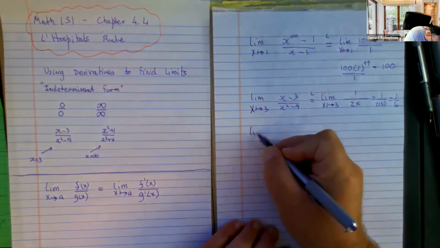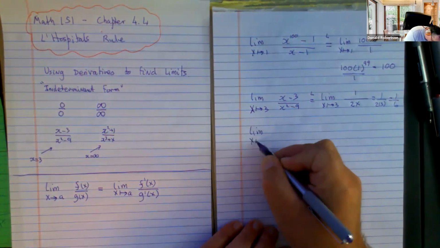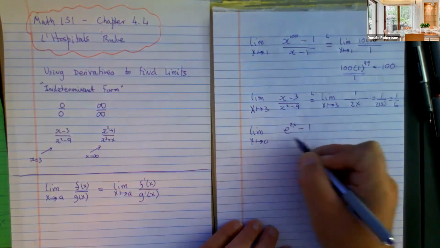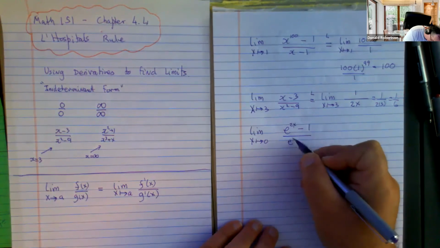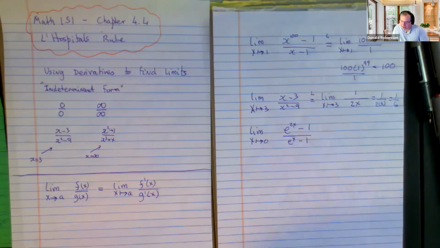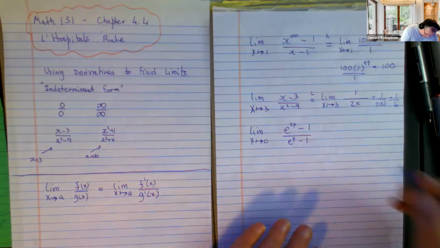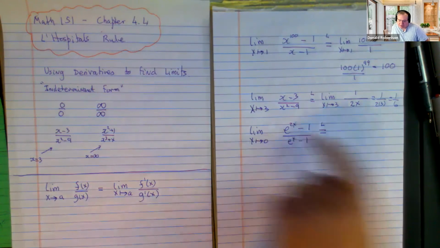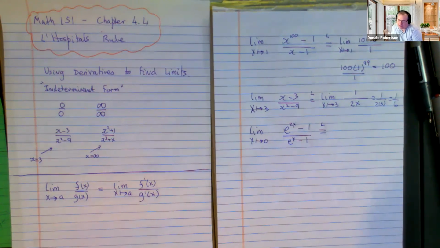How about this one? If you plug in 0 there, you get 0 in the top, 0 in the bottom, indeterminate form. If I asked you to find the limit as x tends to 0 for that, would you agree you'd have a problem if you were doing it by week 1's techniques?